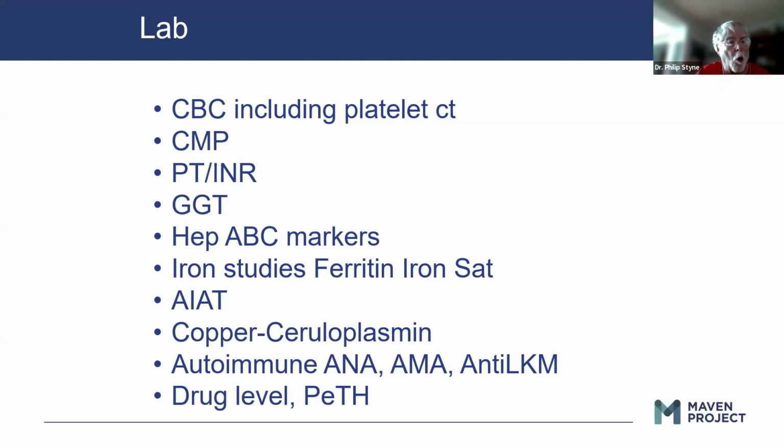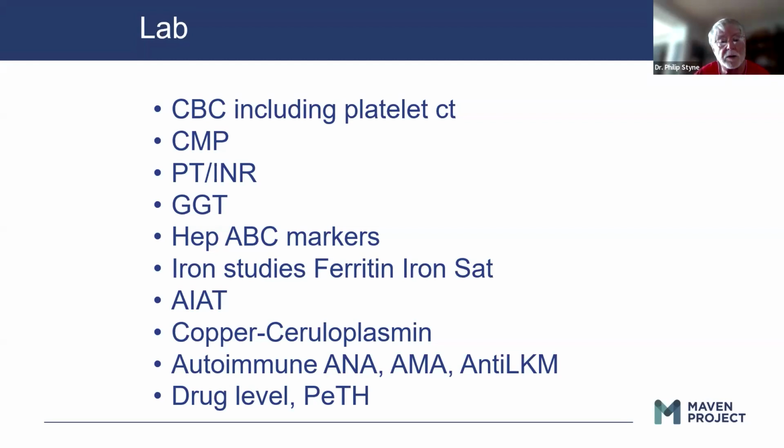Hepatitis B markers. So they're going to have a B surface antigen and a core. Sometimes the B core is total, and sometimes it's IgM. If it's IgM, that's okay, but we really want total because the IgM could be negative in chronic disease. Hepatitis C antibodies, fairly self-explanatory.